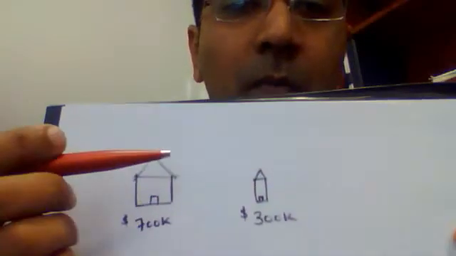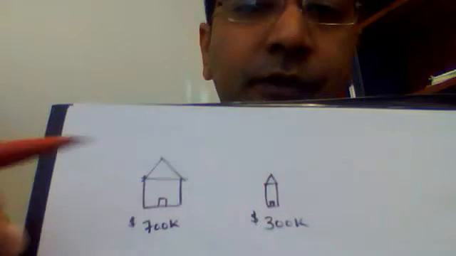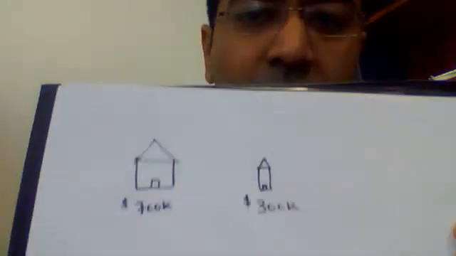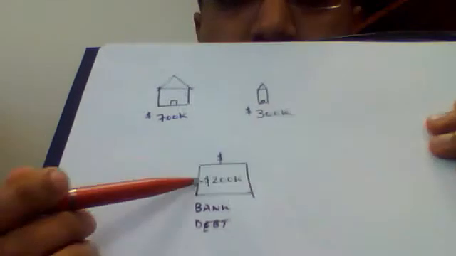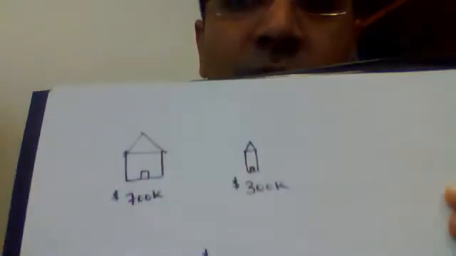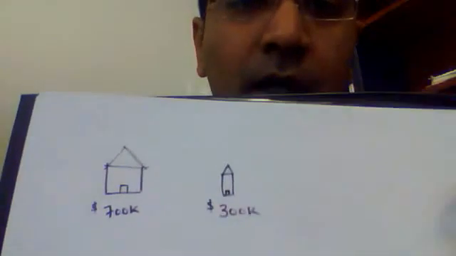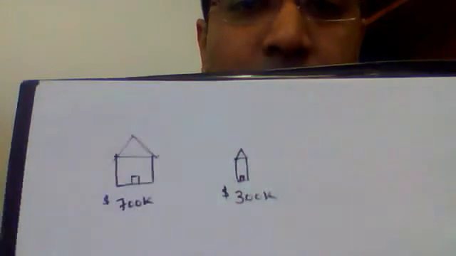For example, you have a home worth $700,000 and an investment property worth $300,000 with an outstanding debt of $200,000. If you default on the loan, the lender will decide which of the two properties they would like to sell to recover its debt.